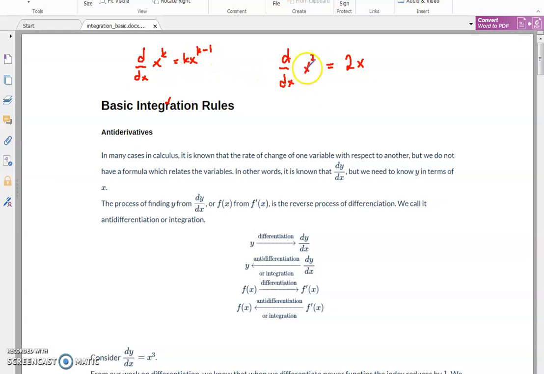So if we differentiate x to the power of 2, where the value of k now is 2, we get 2x^(2-1), which is 2x to the power of 1, so the final answer is 2x. The process from x squared to 2x, we call the differentiation process or differentiation techniques.